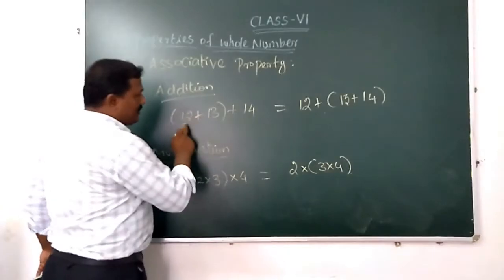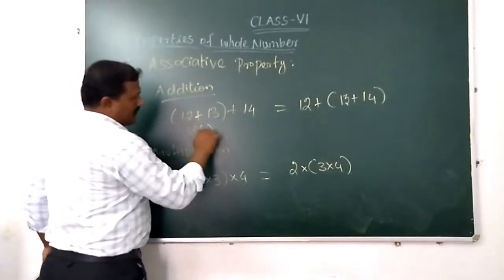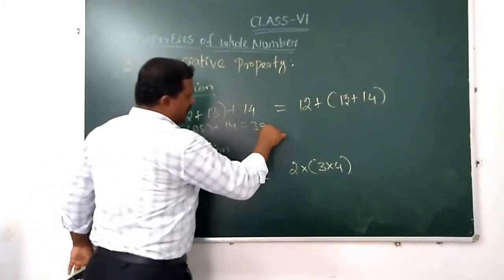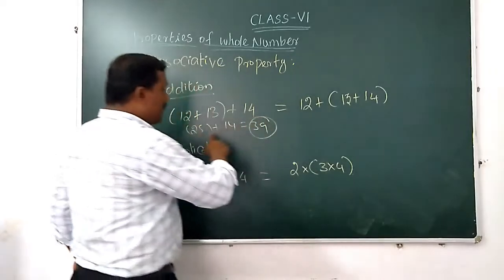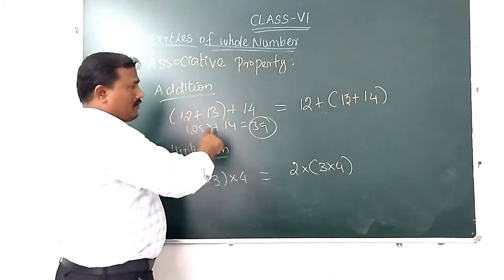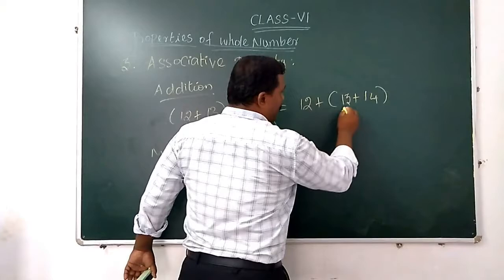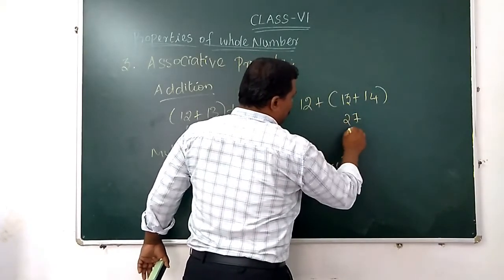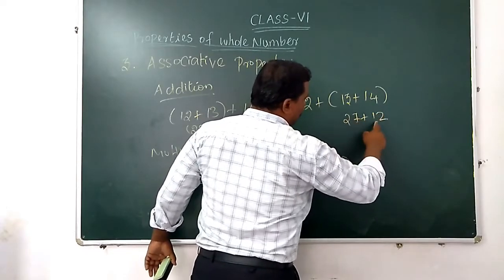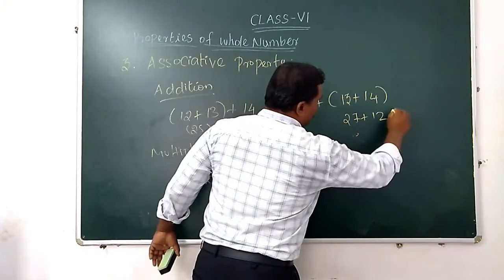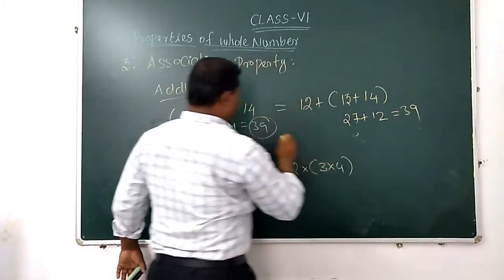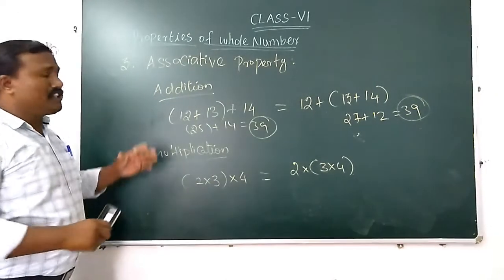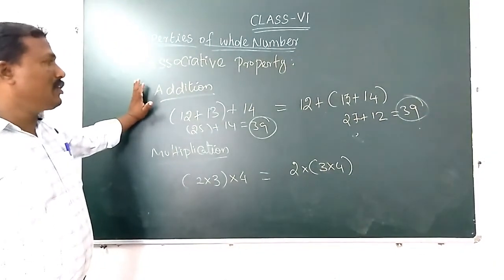So 12 plus 13, 25. Again plus 14, 39. The answer is 39. The same, if here I change the associative numbers, 13 plus 14, 27 plus 12, then 39. So if you check the answer, both are the same. So the associative property is true when we are doing addition.